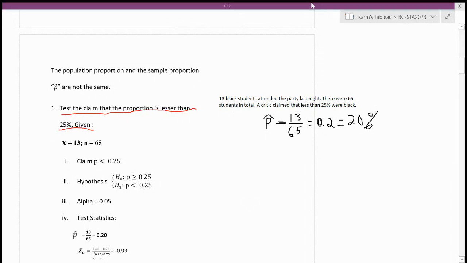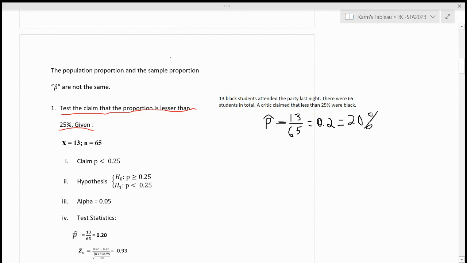Okay, so when I did that problem, this is how it goes. This is my claim of the critic, which is P is at 0.25. As you can see, this is clearly less than 0.25.